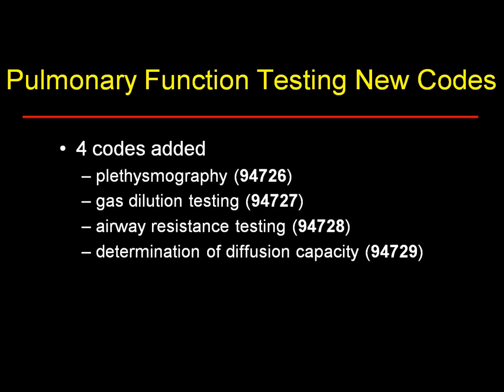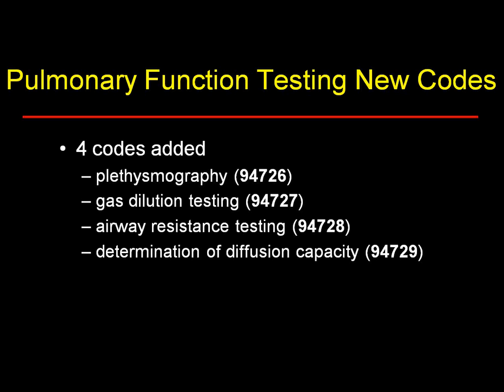So we added 4 codes. We added 1 code for any and all lung volume measurements obtained during plethysmography, a completely separate code for not only lung volume measurements, but all the other types of pulmonary function measurements one might make using a gas dilution testing paradigm.